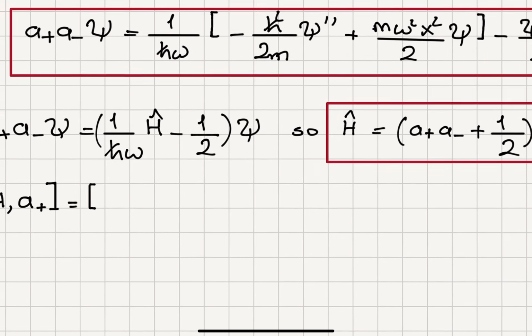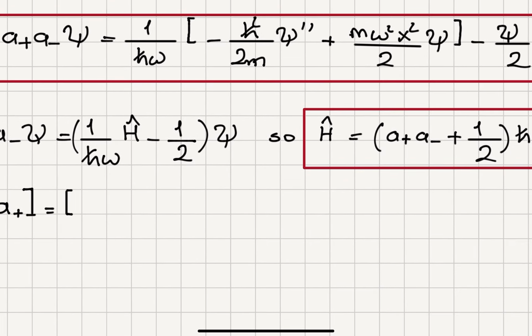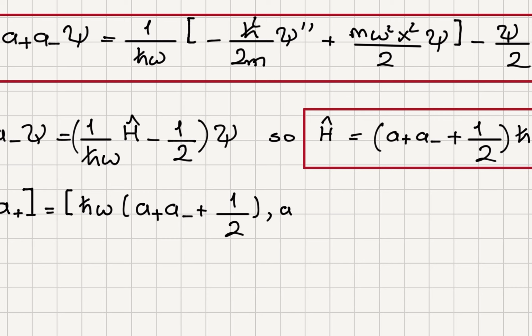So the Hamiltonian operator is H bar omega, written in terms of A plus and A minus operators in part C, A plus A minus plus 1 over 2. This operator, which is our Hamiltonian operator, comma A plus is our commutator we're after.